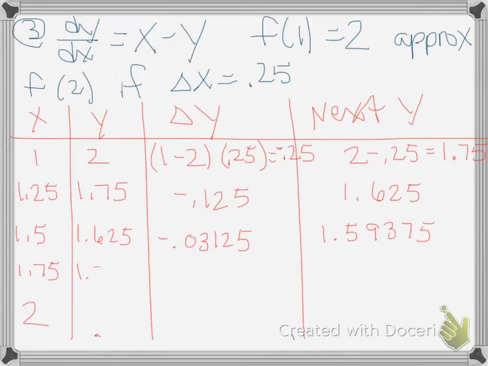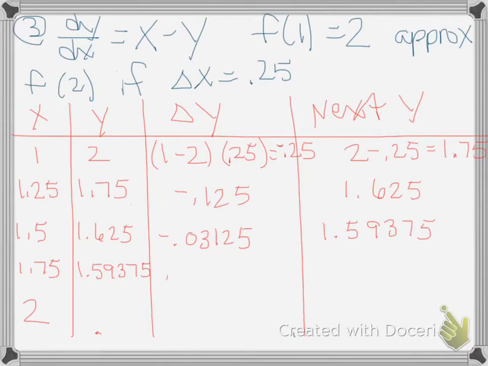Again, x minus y times 0.25. I have, it's positive 0.0390625. That is way past 3 decimal places. 1.6328125.